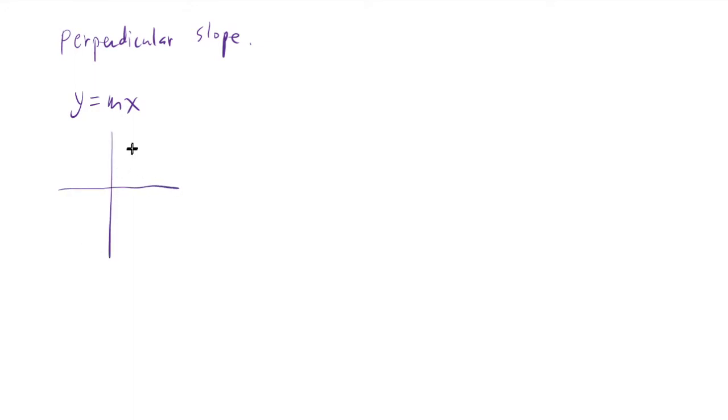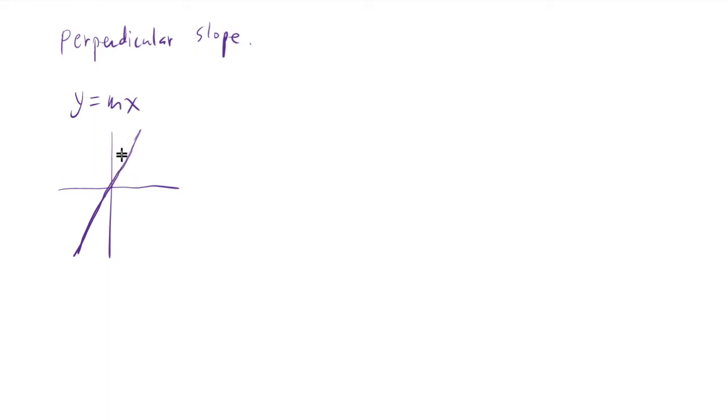Now let's talk about perpendicular slopes. If you have y equals mx, that gives you a line passing through 0 because it's plus 0. The y-intercept is 0, so it passes through 0, and the slope is m.